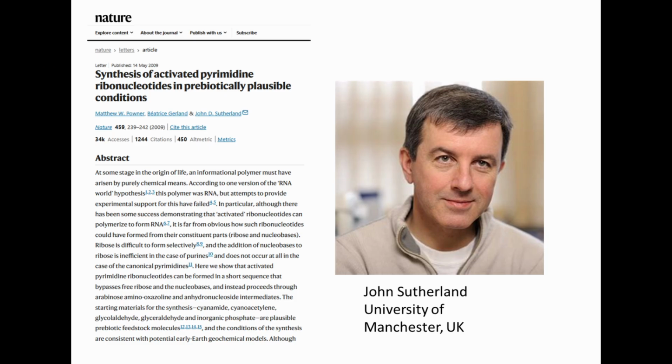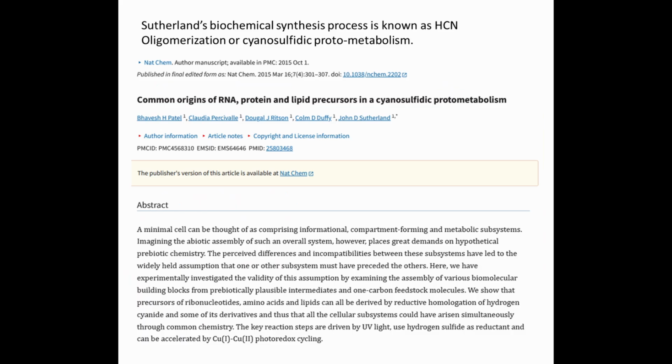In 2009, a team of chemists led by University of Manchester, England, Professor John Sutherland, published a paper that gave a plausible chemical pathway of how nucleotides might have been synthesized before proteins. Sutherland's biochemical synthesis process is known as HCN oligomerization, or cyanosulfidic protometabolism.